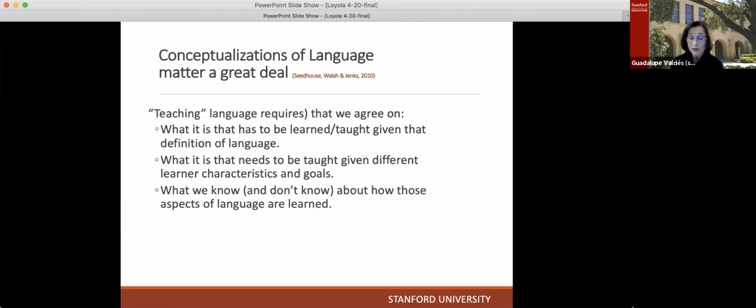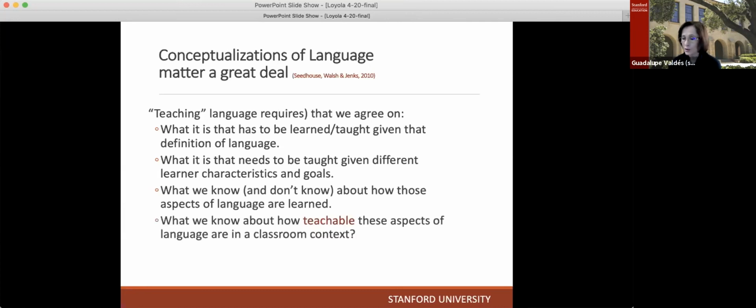And what we do depends on how we think those things are learned, right? And it also depends on what we know about how teachable they are. Remember, most of our 25 centuries of language teaching have involved trying to teach language to adults. And some of those traditional ways of teaching language focused on structure and form exclusively.